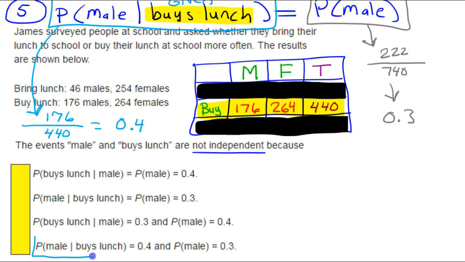This one right here. They are not independent because the probability of being male given buys lunch is 0.4, and the probability of just being male by itself is 0.3. So it has to be the last one.